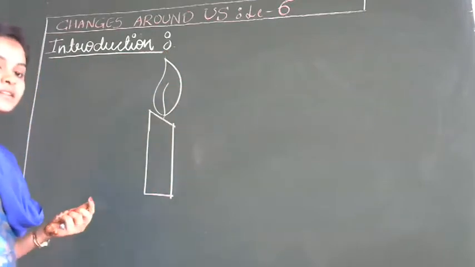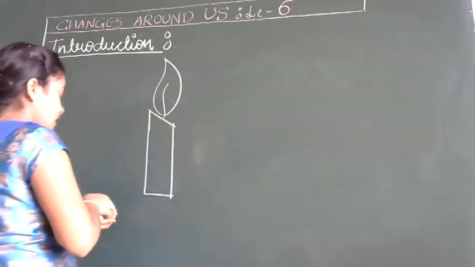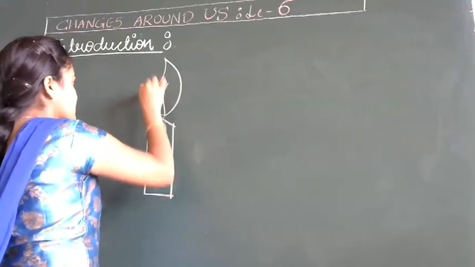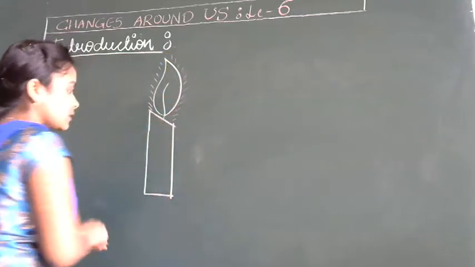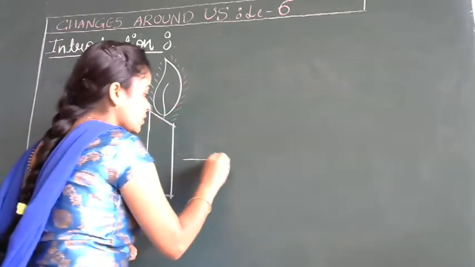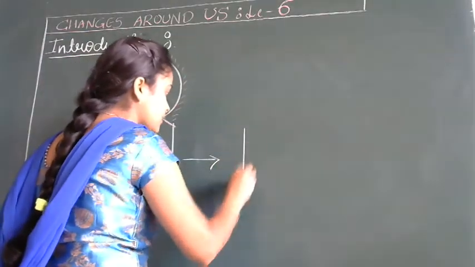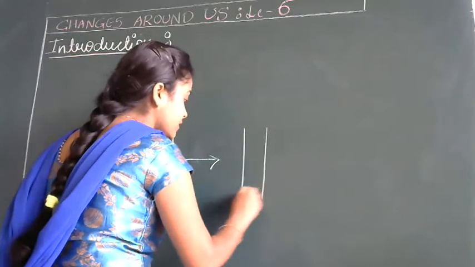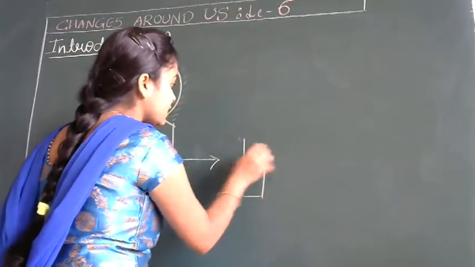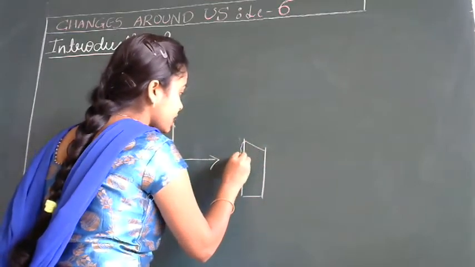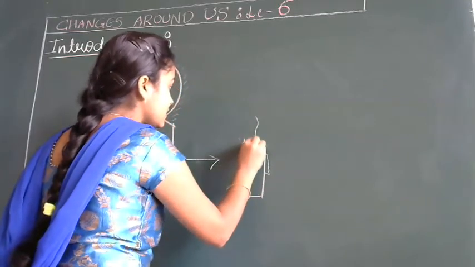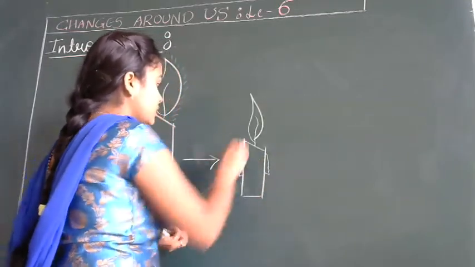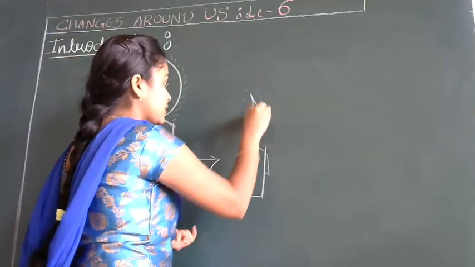Suppose this is a candle, a beautiful candle. Now this candle started burning. When it burns, what changes do you observe? You observe that the size of the candle will decrease. It will start melting like this.